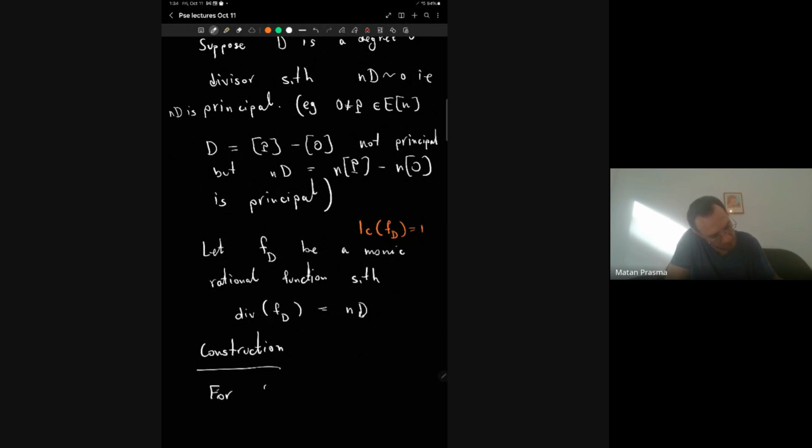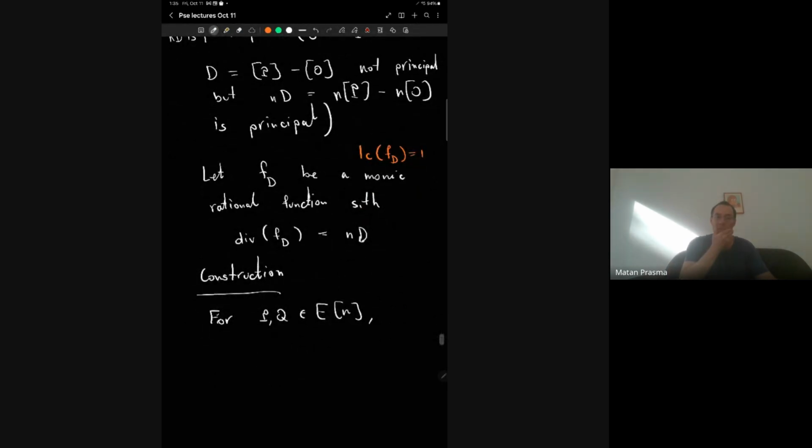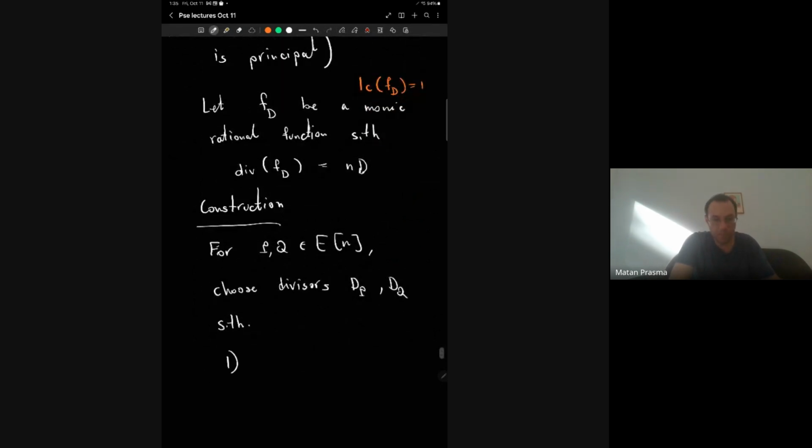So for P and Q n torsion points, choose divisors dP and dQ such that, 1, the support of dP is disjoint from the support of dQ.